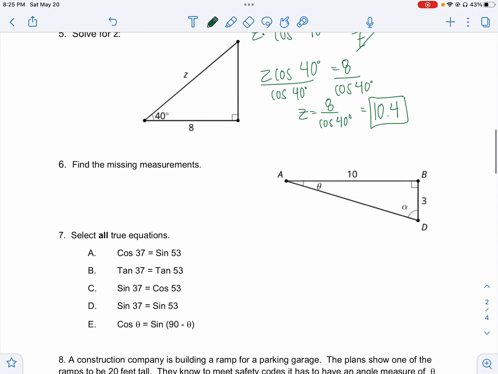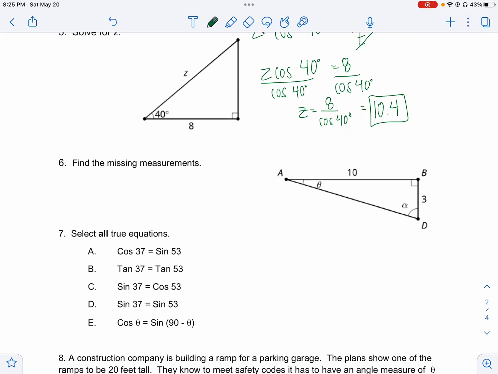Finding the missing measurements in this case, since we are finding an angle for both of these, those are 2 of the missing measurements, and then we also need to find the hypotenuse. Starting with finding theta, we have 3 and 10, and in comparison to theta, 3 is the opposite side.